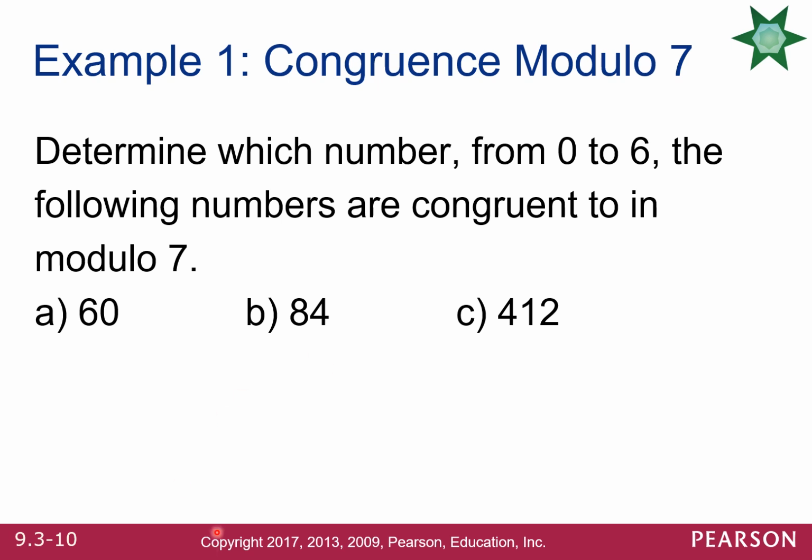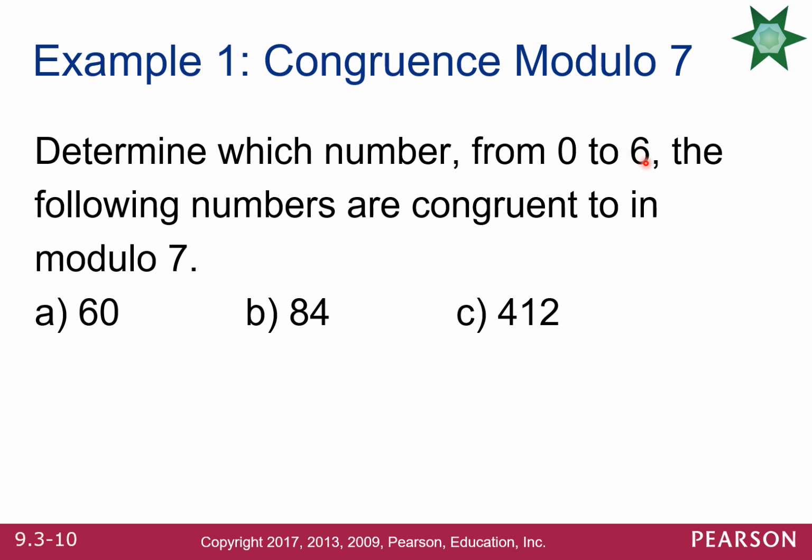Let's work through this congruence modulo 7 example first. It says here, determine which number from 0 to 6 the following numbers are congruent to in modulo 7. The numbers they have given us are 60, 84, and 412. Keep in mind we are looking for the remainder after dividing these numbers by 7, and the remainder is going to be a value between 0 and 6, one less than 7.